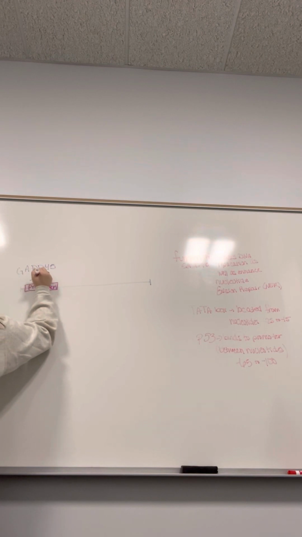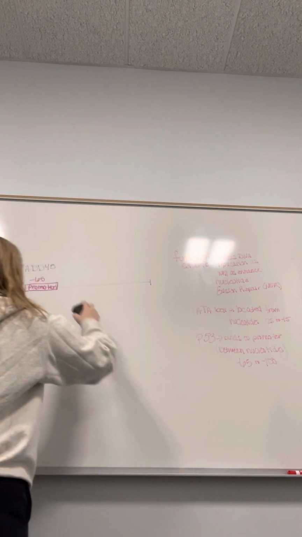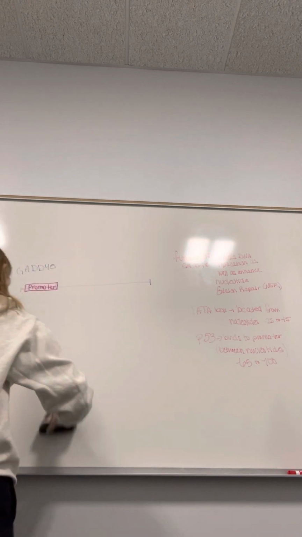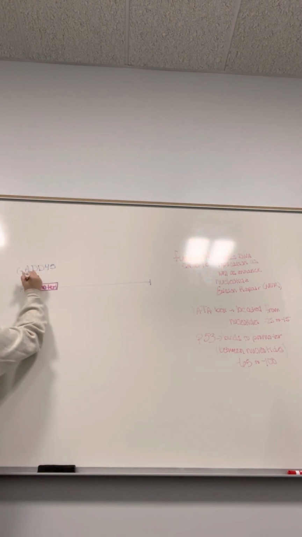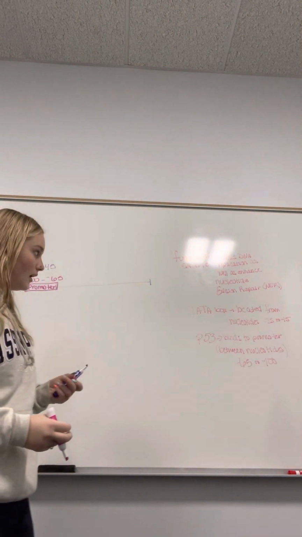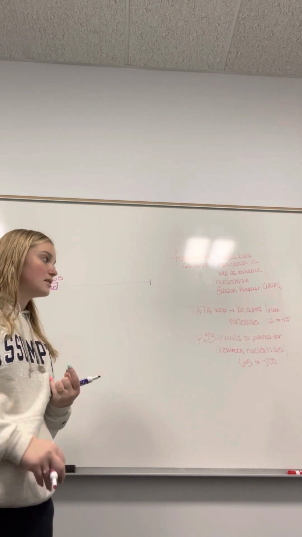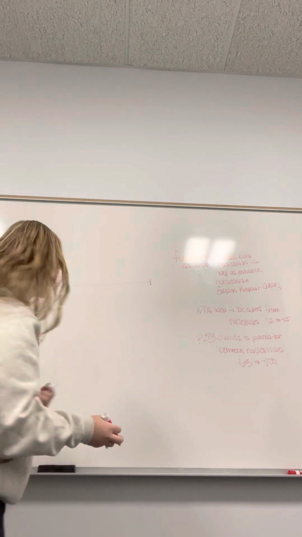That should be -65, -100, -65. Now, the TATA box is located from nucleotides -25 to -15.